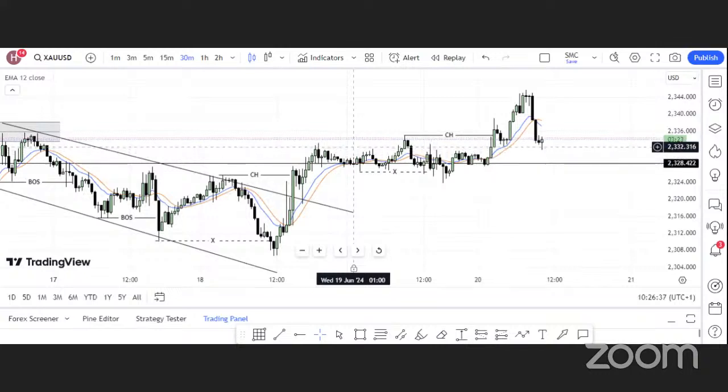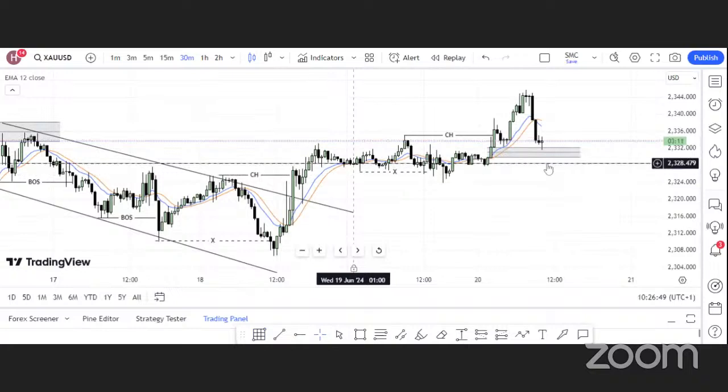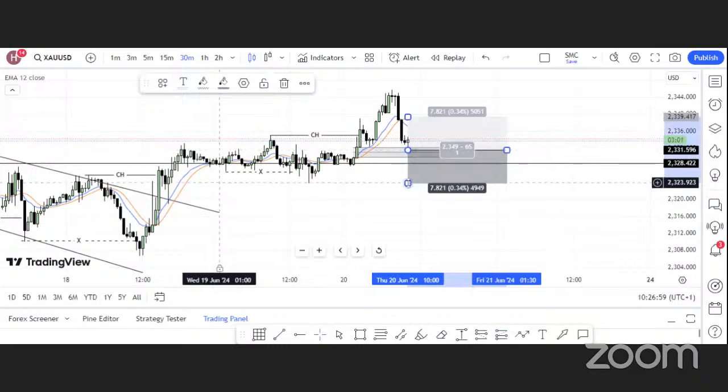The next thing to look out for is the market pulling back to retest either a fair value gap or an order block level. So we have another block here. And you can see the market is currently retesting the fair value gap zone. So this market is going to buy, okay?